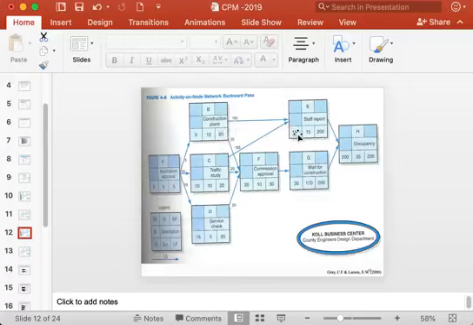If you put 185 here as the latest finish time of B, then activity F will have to wait for 185 days here. So 185 plus 10, 195. Then F will finish only after 195, not after 30.